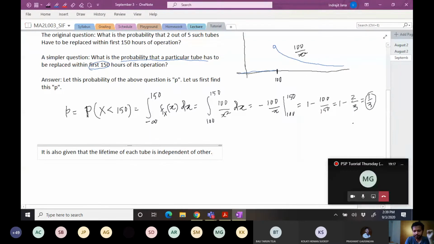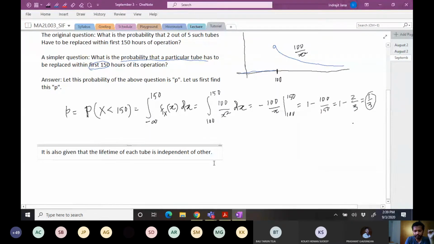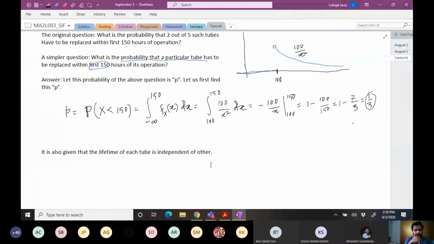So the original question is to find the probability that 2 out of 5 will burn out within 150 hours. What we have found in the first step is the probability that a single tube is going to burn out within 150 hours, right? It is also given that the lifetimes of these tubes are independent of each other. Now, you can identify this with the binomial model. How do you identify this with the binomial model?